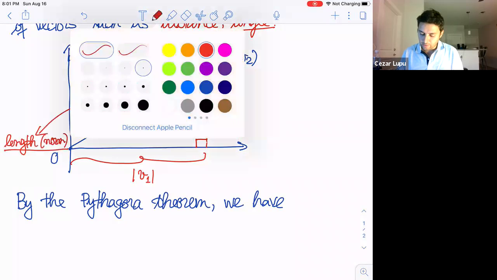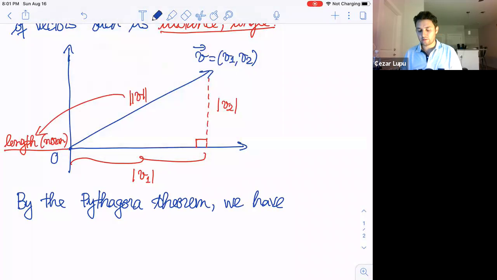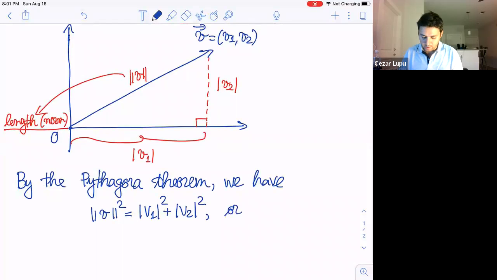By the Pythagoras theorem, the sum of the squares of the legs is equal to the square of the hypotenuse. In other words, the length of v squared will be the absolute value of v1 squared plus the absolute value of v2 squared. Or equivalently, you can write the length of v as the square root of v1 squared plus v2 squared.